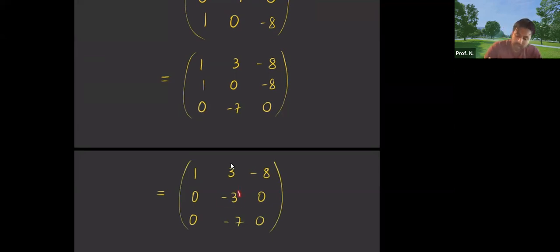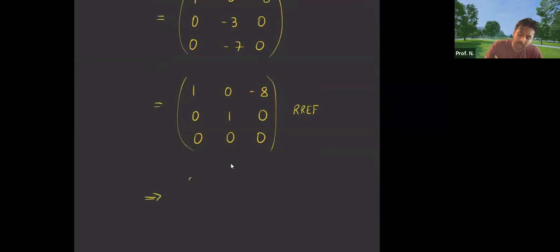You notice that this negative 3, I can make this a 1, clear this, and clear that. So then what this is going to look like is 1, 0, negative 8, 0, 1, 0, and then 0, 0, 0. This is in row reduced echelon form.